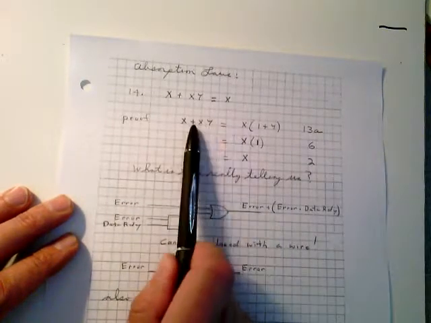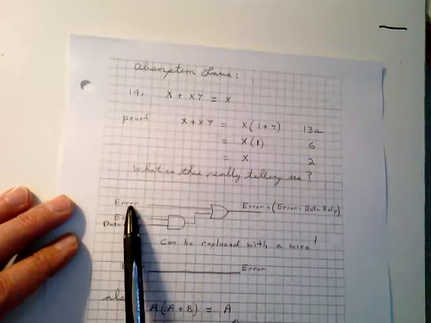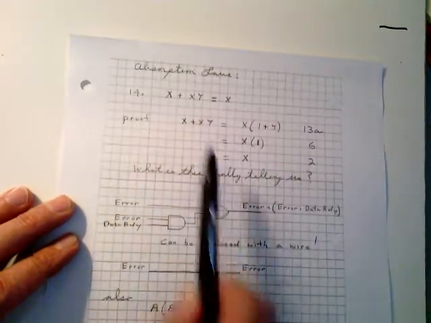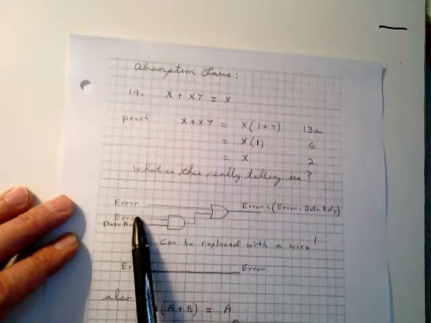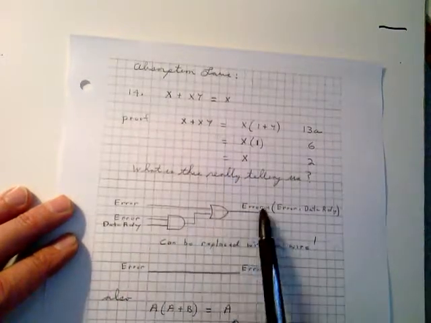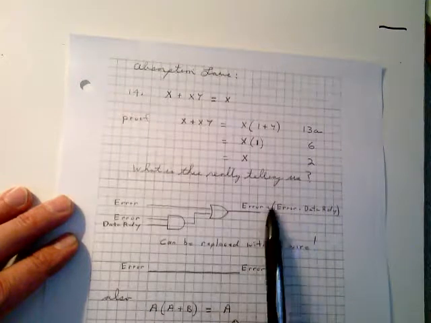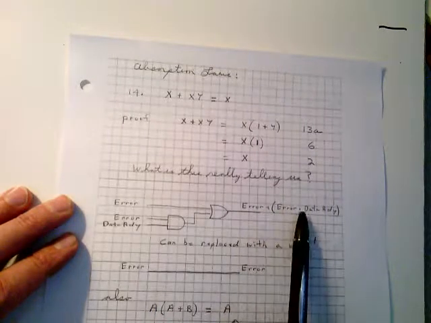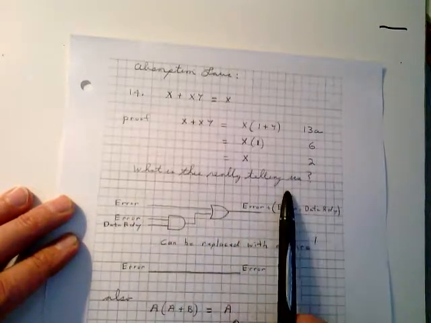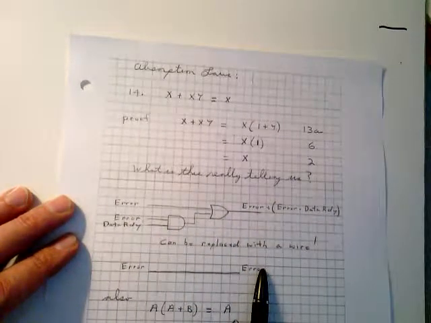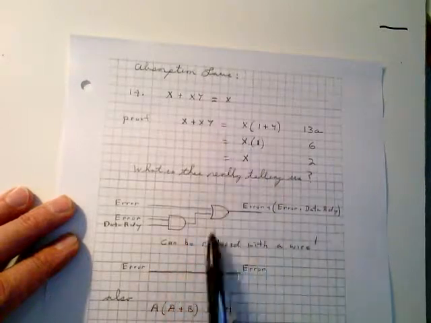Up here, it's X, which is error, or, that's the output gate, the AND of X and Y, which is error and data ready. And it produces the output, error or error and data ready. But this whole thing can be replaced with simply error, with simply X.